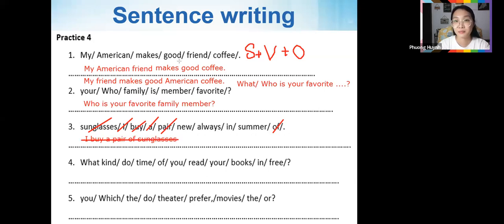Mình viết lại. Rồi bây giờ mình có chữ always. Always là trạng từ chỉ mức độ thường xuyên, cho nó đứng trước động từ thường. I always buy. Rồi bây giờ có thêm chữ new nữa thì mình sẽ cho tính từ đứng trước danh từ đó bạn. New ha. Rồi danh từ của mình là cụm này, pair of sunglasses. Và I always buy a new pair of sunglasses vào mùa hè in summer.